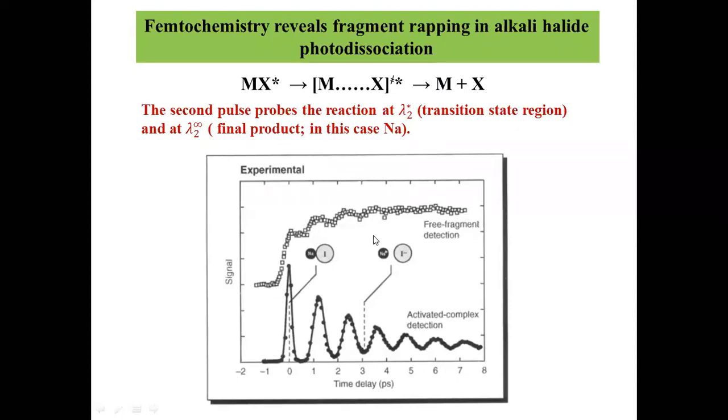Now here is the experimental observation that I am going to show you. Look at this upper signal. This is the free fragment of sodium, right? And the bottom one, which is the solid curve, is basically the identification of sodium iodide. This species is not fragmented, but it is a kind of transient species.